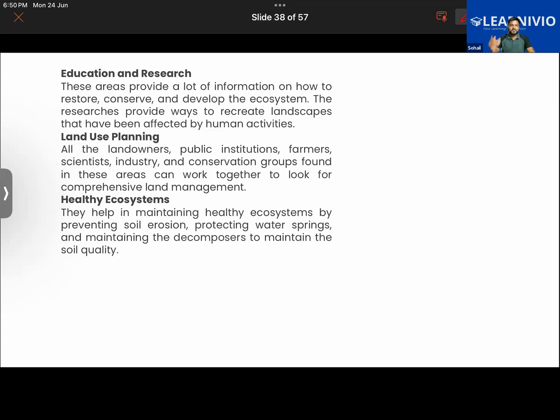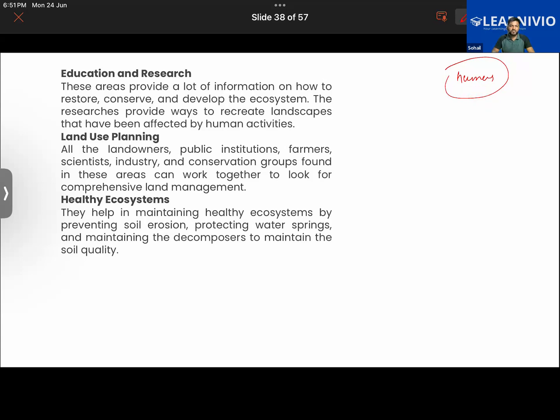We know forest adds humus to the top layer of the soil. You all know about humus, right? Decomposing plant and animal matter, bacteria, fungus, all that decomposing matter of the plants and the animals, that is basically humus. And humus gives the dark color to the soil.